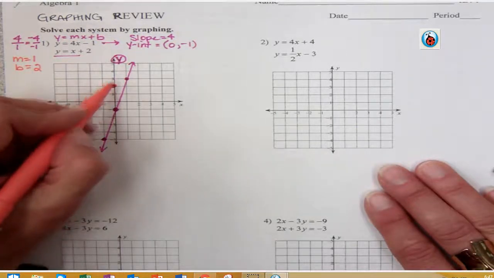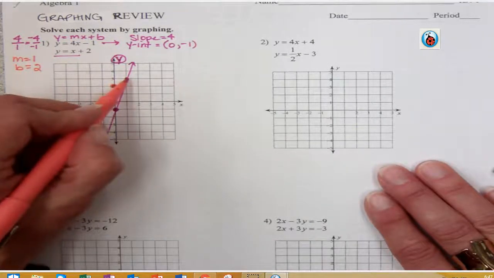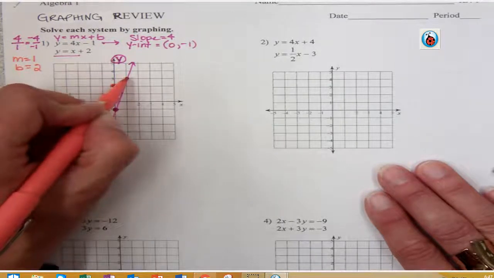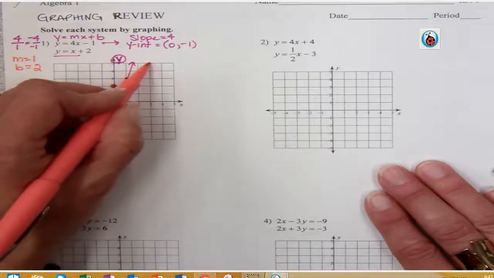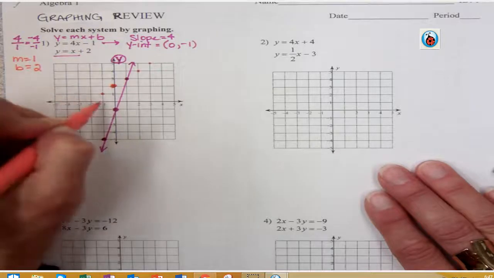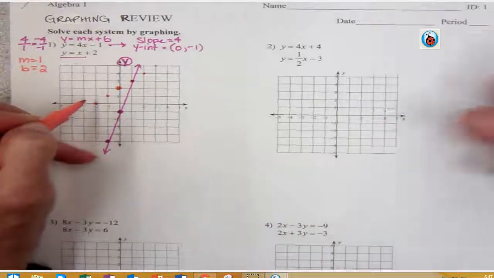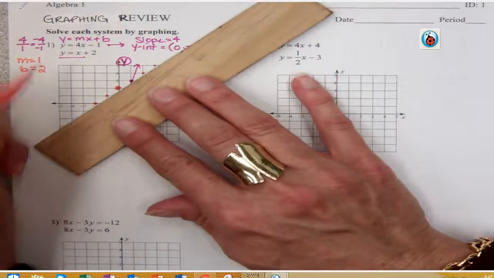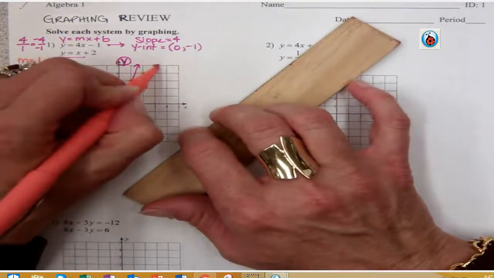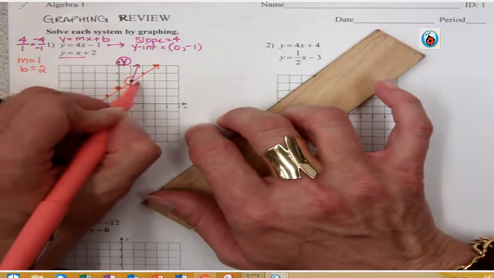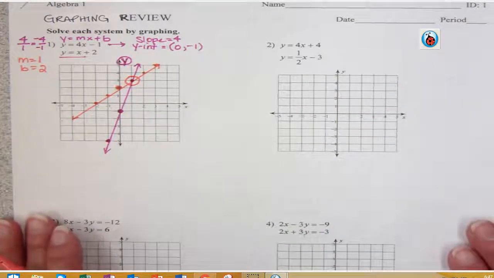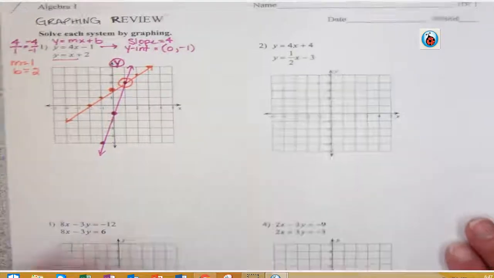Then my slope is going to be up 1 over 1, rise over run, or negative over negative, down 1 to the left 1. I graph that line. Now since we're going to start using systems, what we're looking for is where those two lines intersect. So I'll let you do this one on your own.